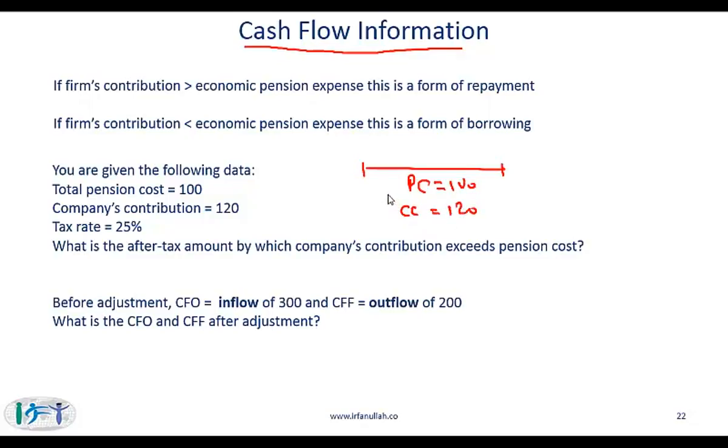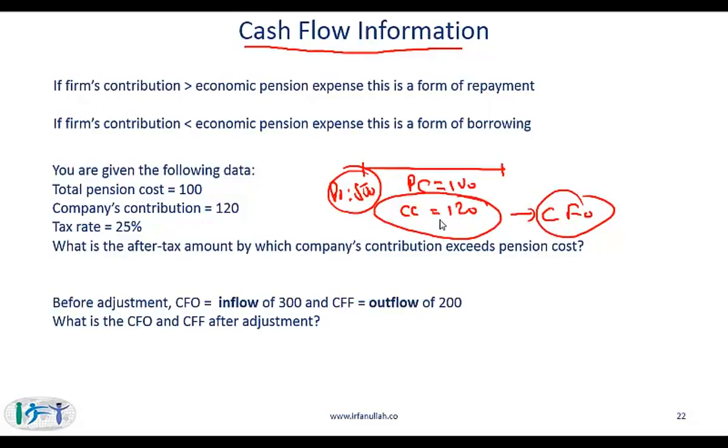Let's also say that the pension obligation, which is a liability, initially is 500. Now, under standard accounting rules, when a company makes a contribution, this 120 is classified as a cash flow from operations. So this 120 would reduce the CFO of a company.